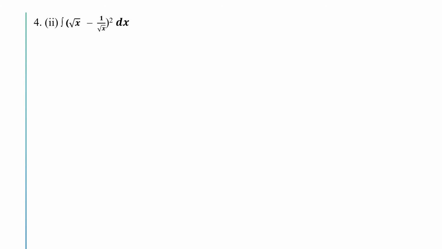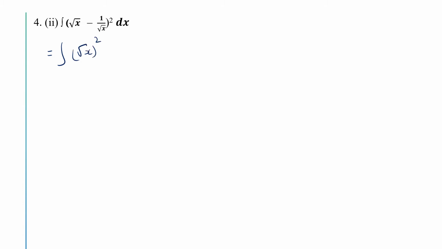Then the next question is integral root x minus 1 by root x the whole square into dx. This is of the form a minus b the whole square, so we have to use the a minus b the whole square formula and expand this. Here a is root x and b is 1 by root x.